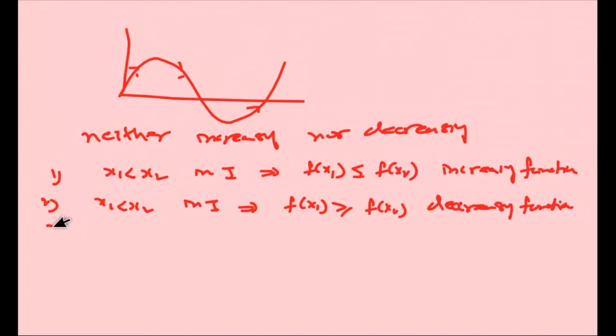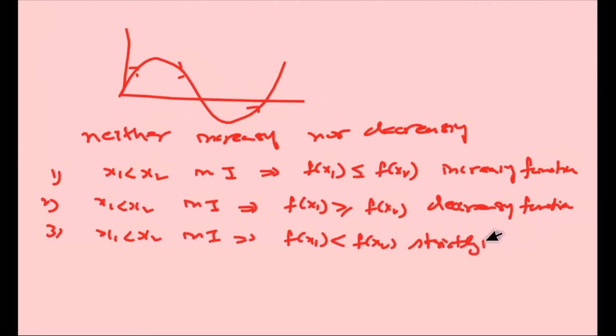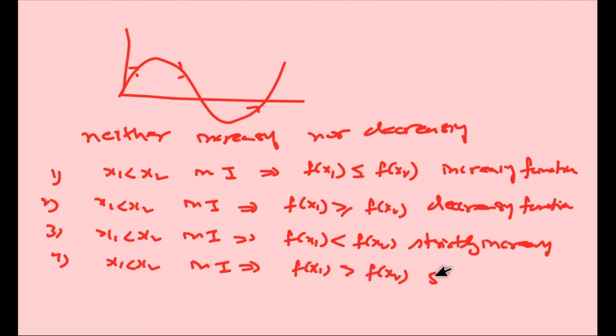Now the third point: x1 less than x2 in interval I, and f(x1) less than f(x2), then it is strictly increasing. And if x1 less than x2 in interval I, and f(x1) greater than f(x2), then it is strictly decreasing.